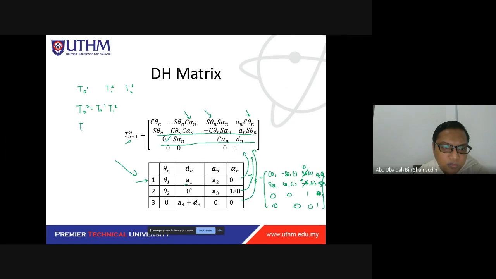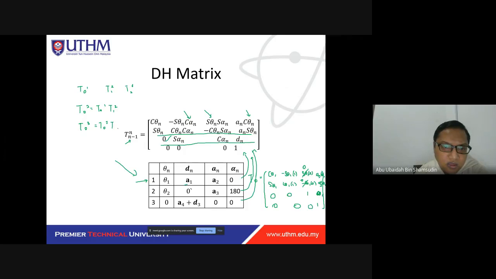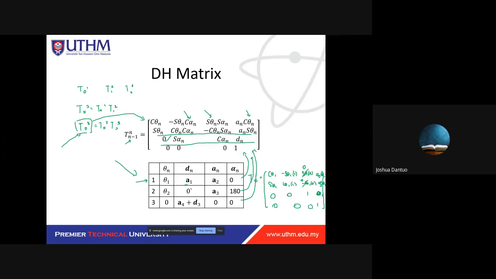Then you need to multiply again to get T03. So you need to multiply T02 with T23. Then you have your forward kinematics. Your final matrix will become something like this.